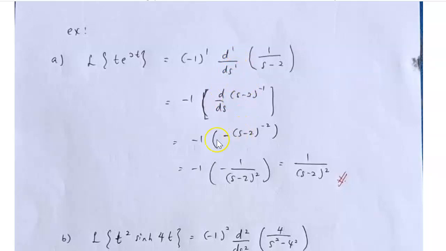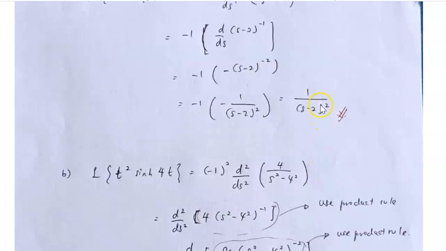We will get negative 1 over (s minus 2) squared. So negative with negative becomes positive, then your answer will be 1 over (s minus 2) squared.